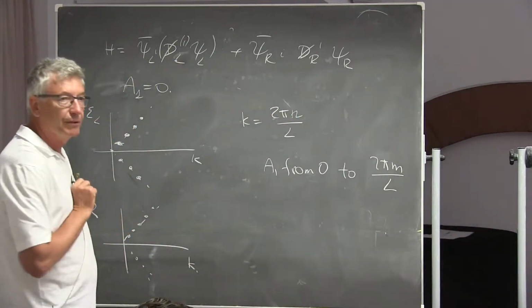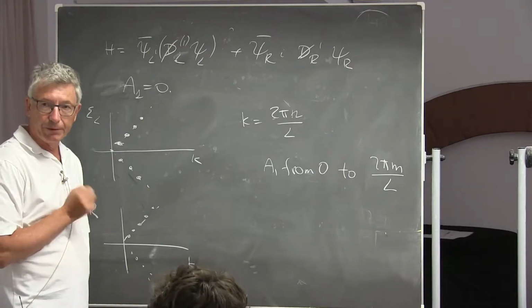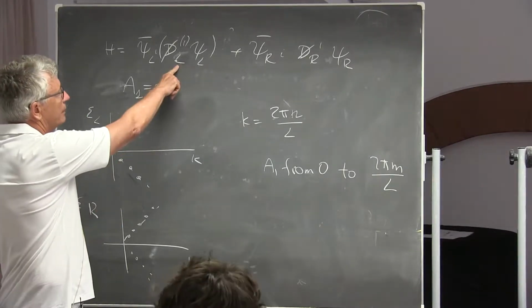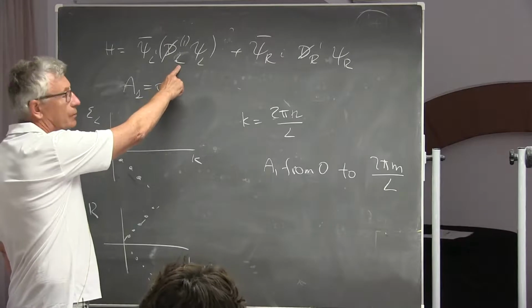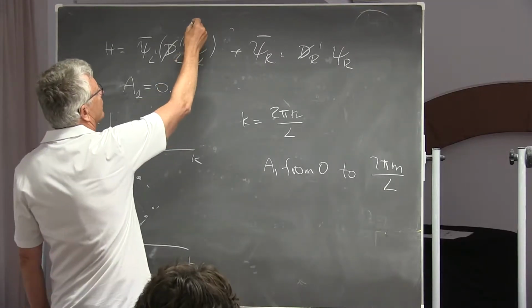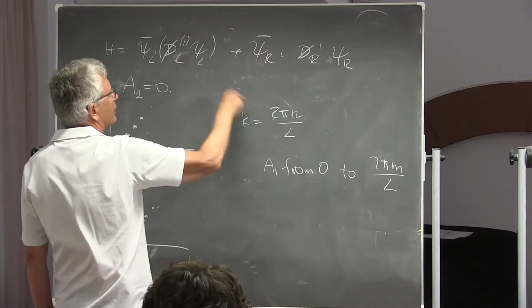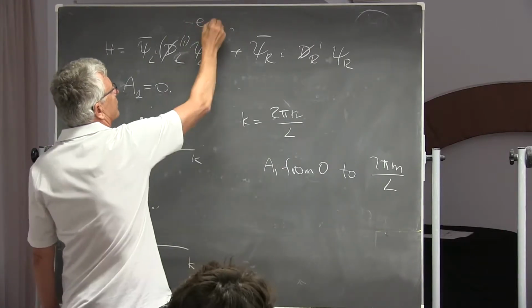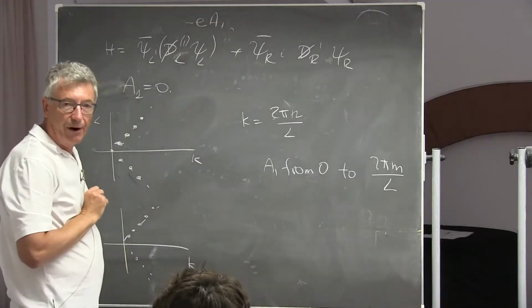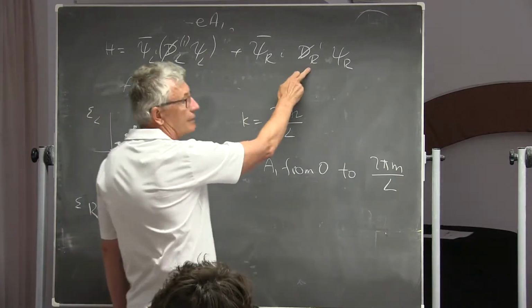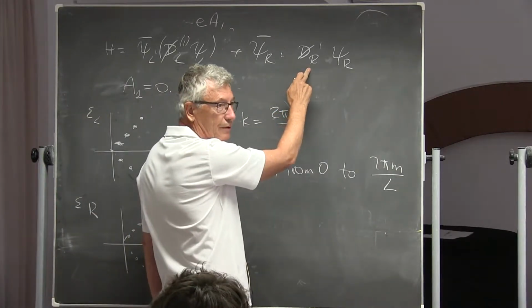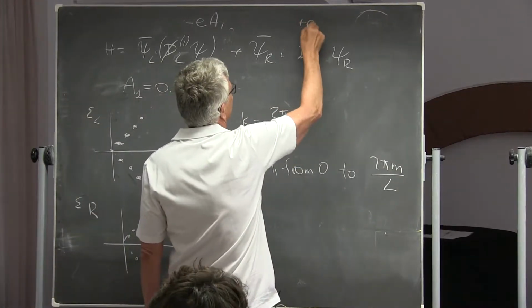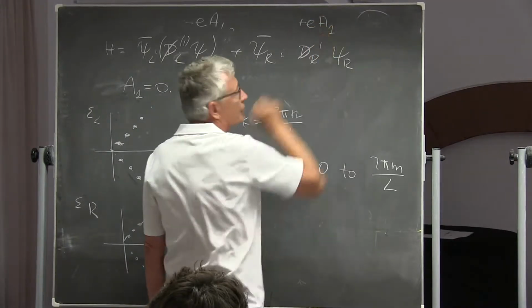And now some interesting things are going to happen. Because remember, in the covariant derivative for left fields, we have the gauge field which comes with a minus sign. And here, in the right derivative, we have the gauge field which comes with a plus sign.